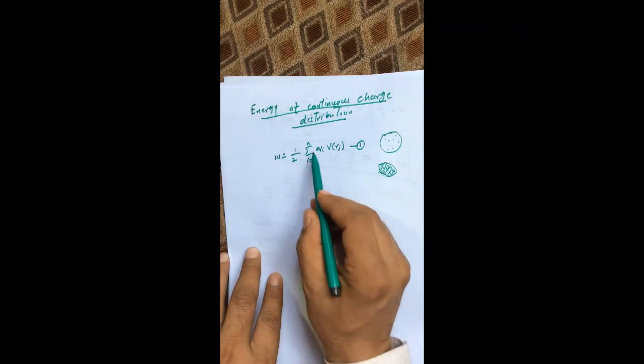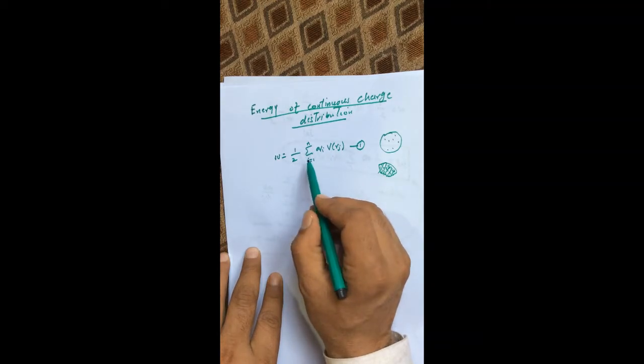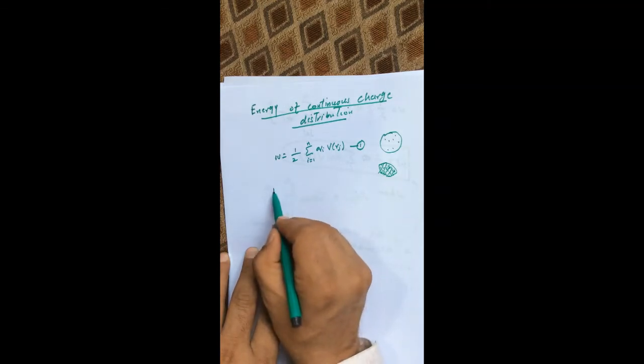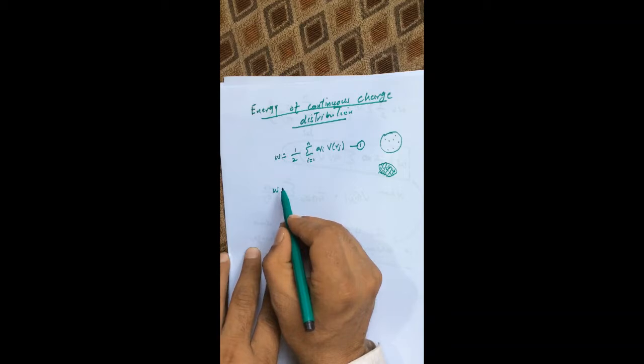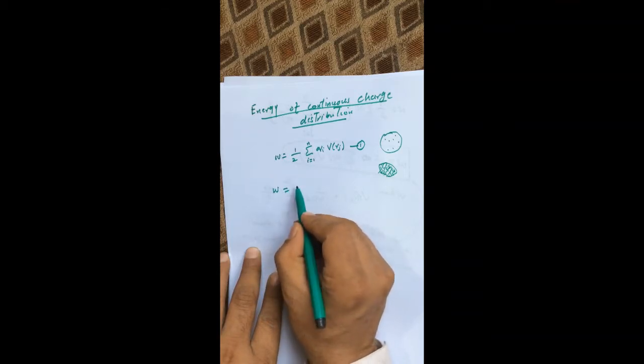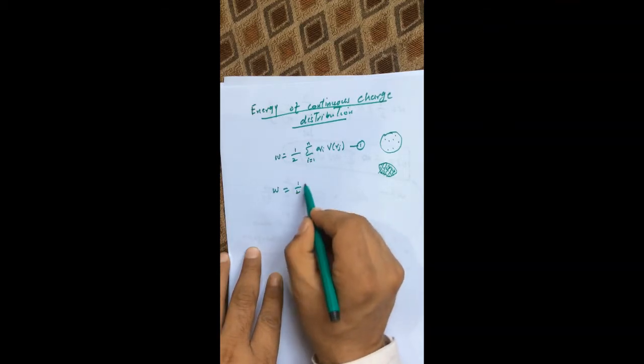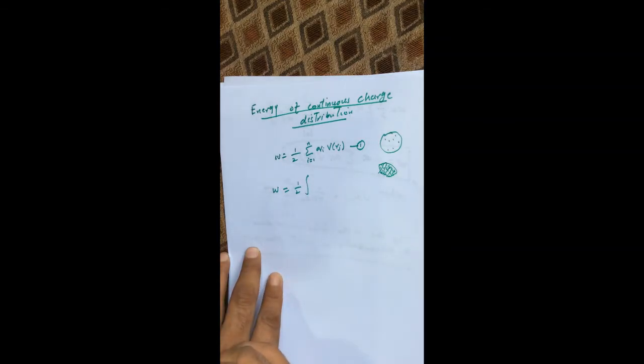Then in that case, we will replace this summation by an integral sign. So we have the total work done, which will be equal to 1 over 2, and this summation will be replaced by the integral.